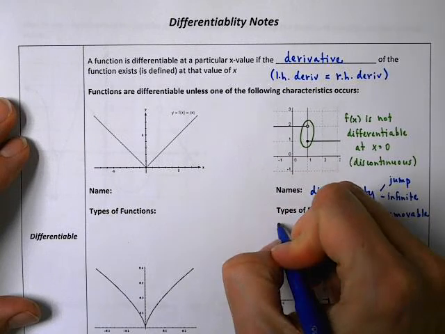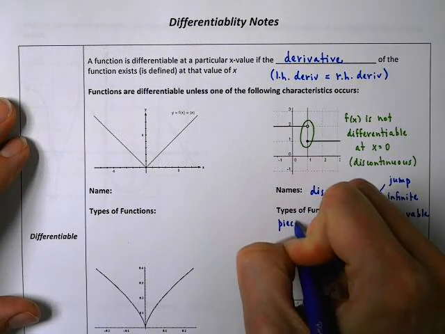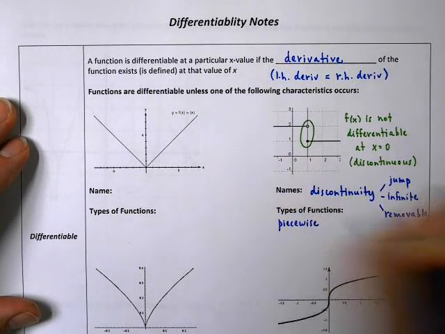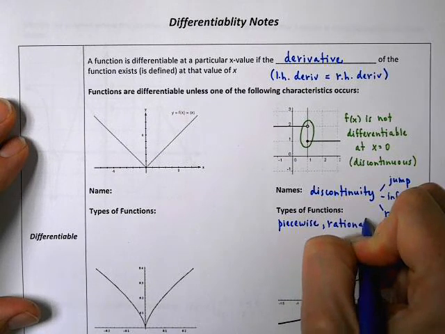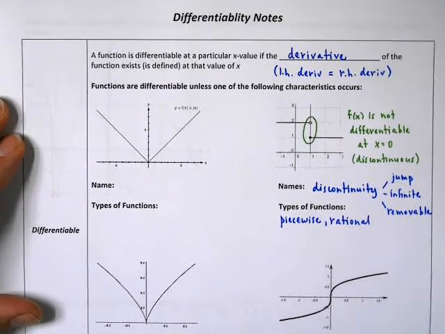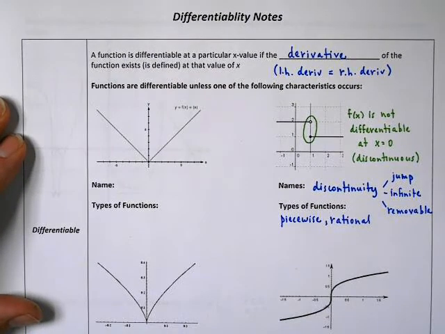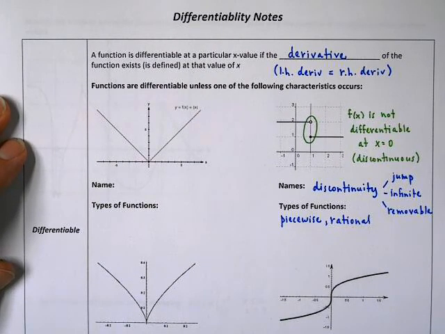Jump might come from a piecewise function, for example. We also know that rational functions could cause these discontinuities to happen. So as soon as we're discontinuous, we know that our function is not going to be differentiable. But let's look at some examples where the function is continuous and we're still not differentiable.